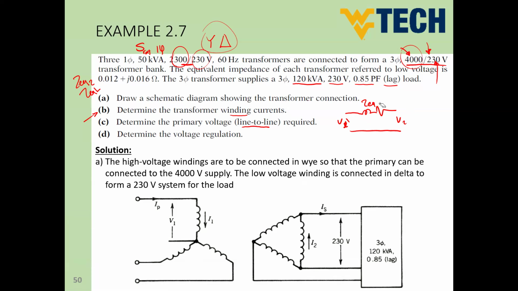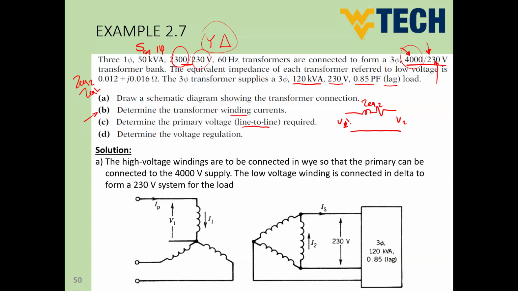So instead of Z equivalent 1, this is now Z equivalent 2, and Z equivalent 2 is given right here. So we can use now the secondary current, which is I2, and calculate the value of V1 prime, and then use the turns ratio to get the voltage, which is single phase.